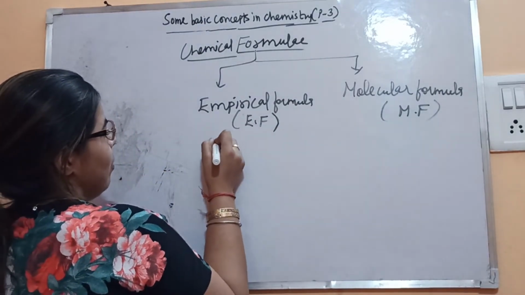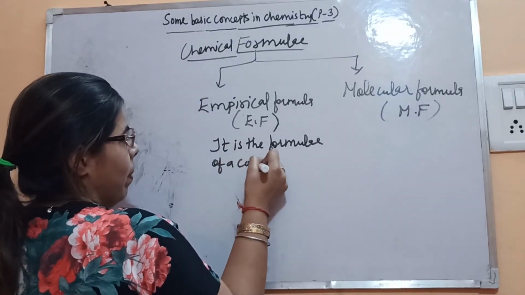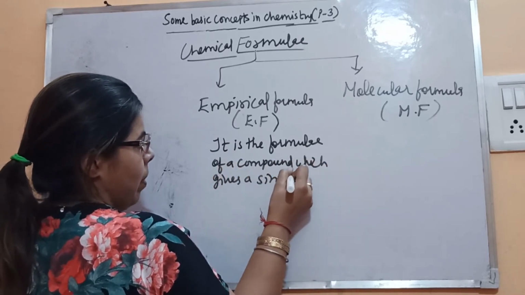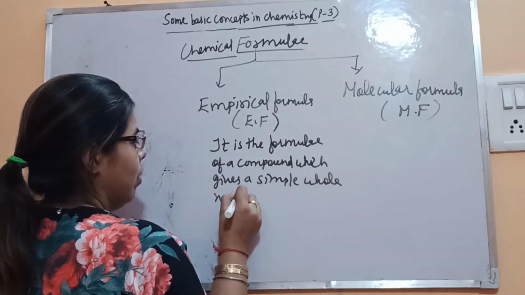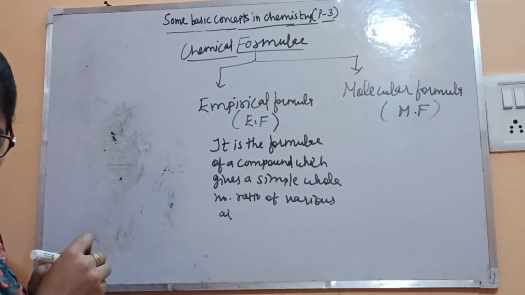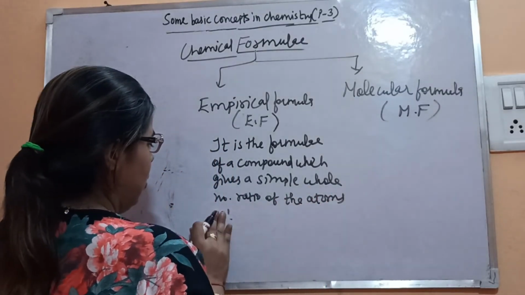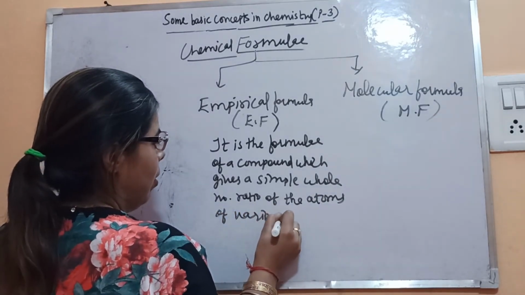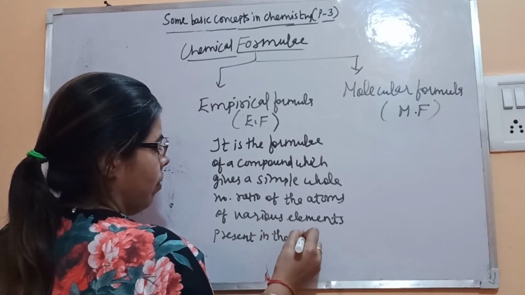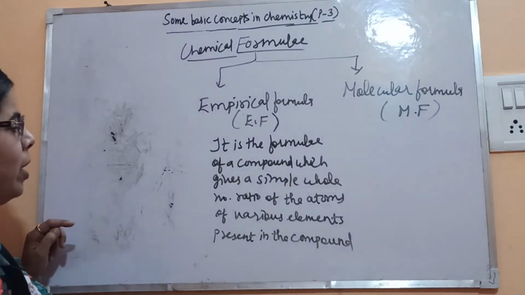The empirical formula is the formula of a compound which gives a simple whole number ratio of the atoms of various elements present in one molecule of the compound.